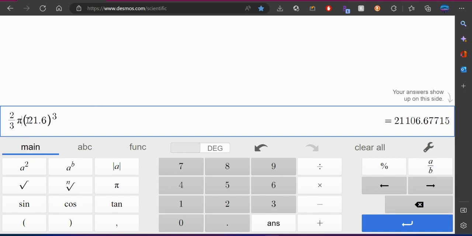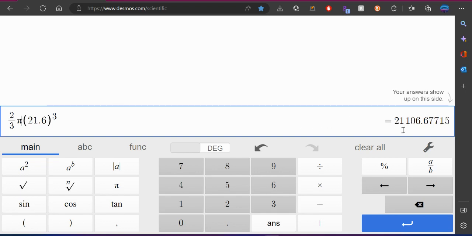So again, using the calculator, knowing how to do this. Now, this calculator, it's nice where you can type it all out. If you have a calculator where you would have to type in step by step, you start off with the exponents first. So I would do 21.6 cubed first, then times 2/3, then times pi. Okay, so again, it's all knowing your calculator and how to use it in order to get these answers.